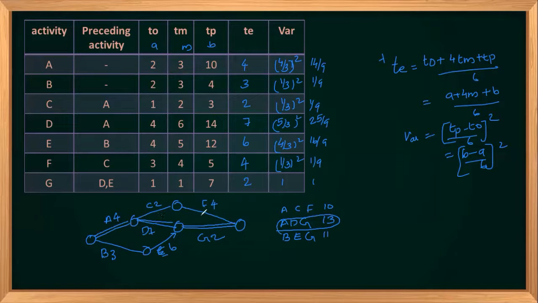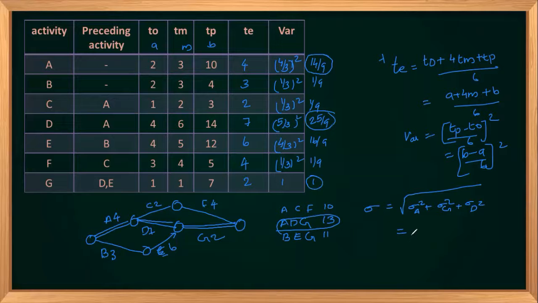Now we have to calculate sigma, the standard deviation of the critical path. So we have to find the variance of each activity on the path: sigma A square plus sigma D square plus sigma G square. We have already calculated the sigma square values. A will be 14 by 9, G will be 1, and D is 25 by 9.